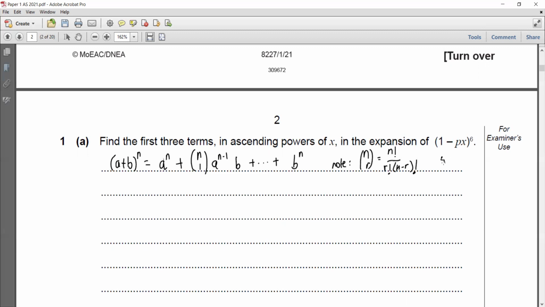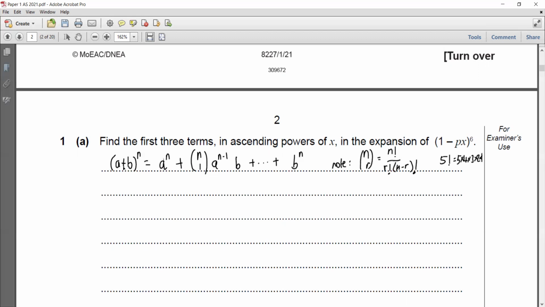So for example, 5 factorial is 5 times 4 times 3 times 2 times 1. And 6 factorial will be 6 times 5 times 4 times 3 times 2 times 1.